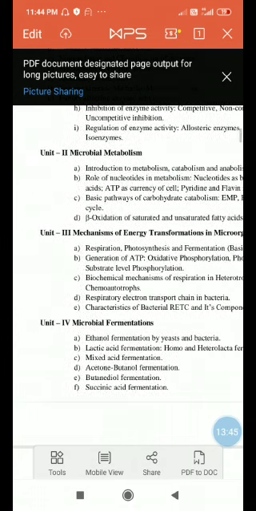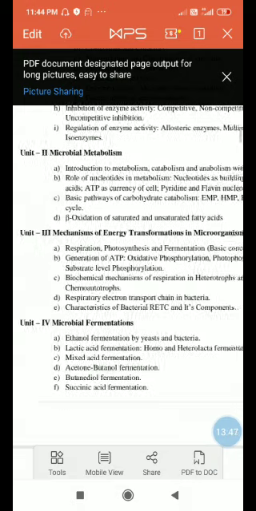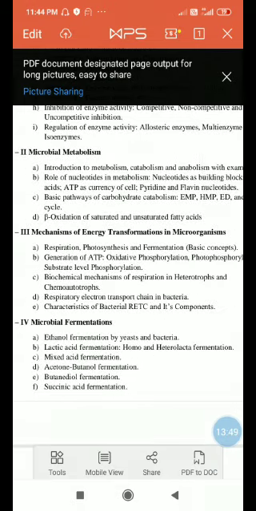After that we will see the syllabus of unit 3rd, mechanisms of energy transformation in microorganisms. First point, respiration, photosynthesis and fermentation. Second, generation of ATP, under that oxidative phosphorylation, photophosphorylation, substrate level phosphorylation.